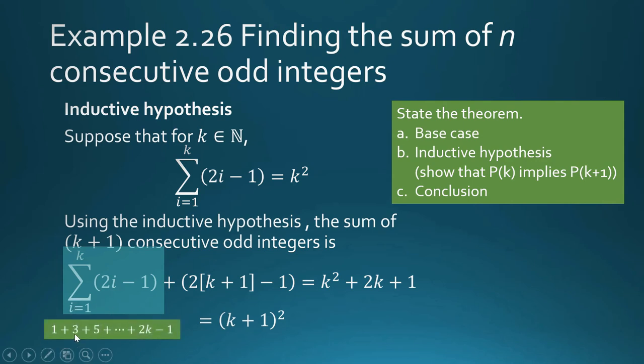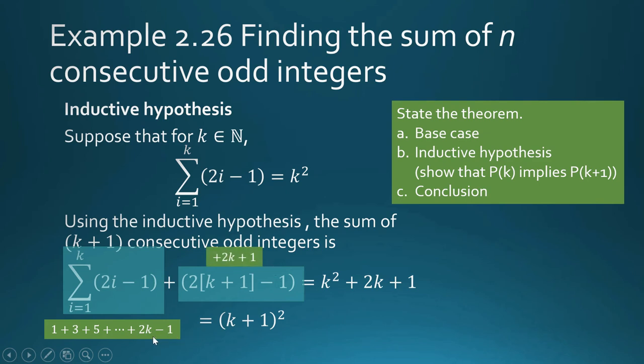So this one is equal to 1 plus 3 plus 5 plus so on and so forth until we get to 2 times k minus 1. This is the kth odd integer. We will now add the next odd integer. That next odd integer is this. If you were to simplify that, that is 2k plus 1.